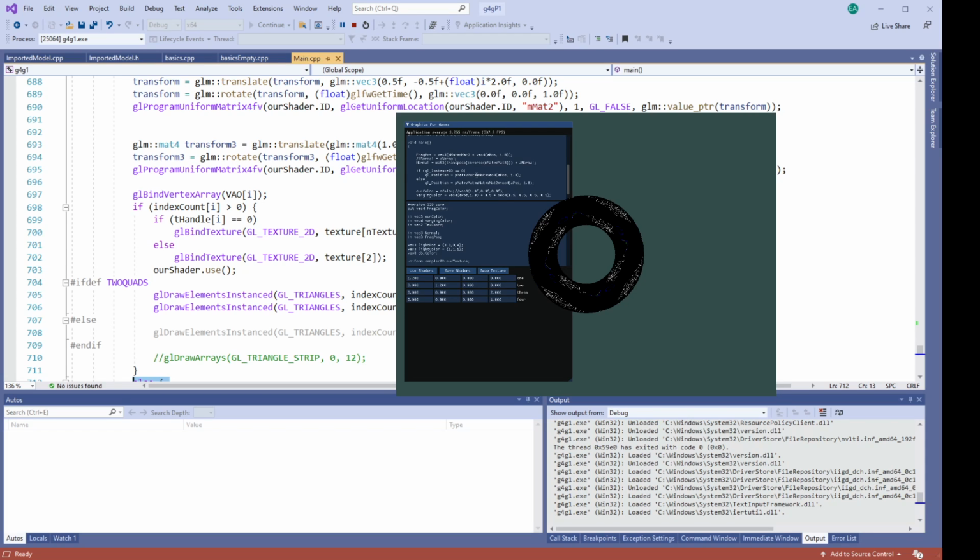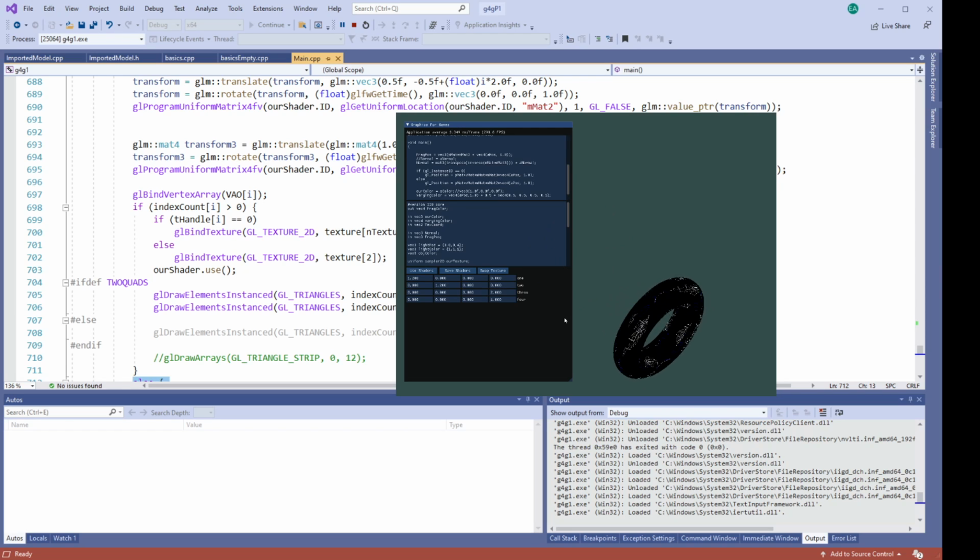Right now I'm just using the model matrix, but I'm going to go ahead and calculate or put that 3 as part of my transformation, rotate that around, swap the texture back in.